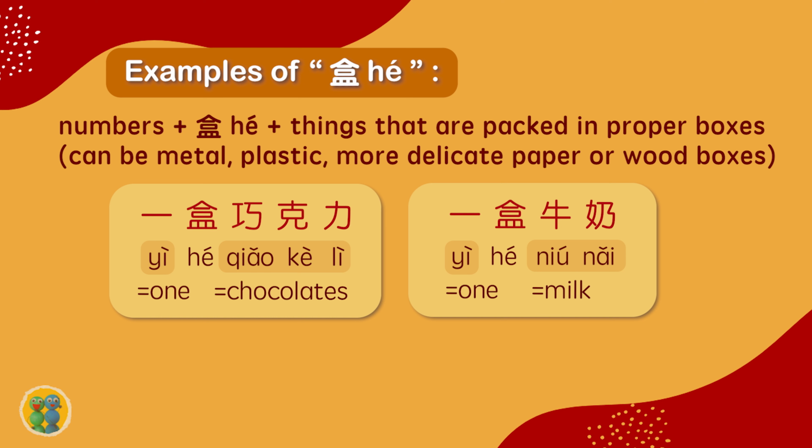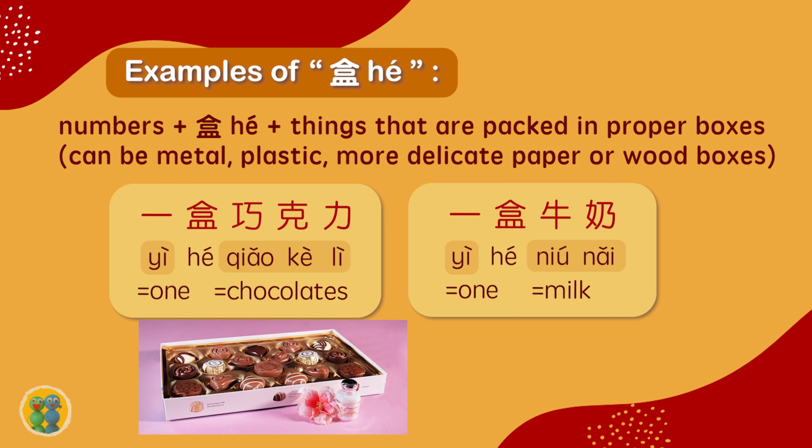Examples of 盒. 一盒巧克力. It means one. 巧克力 means chocolate. 一盒牛奶. It means one. 牛奶 means milk. So it's one box of chocolates and one carton of milk.